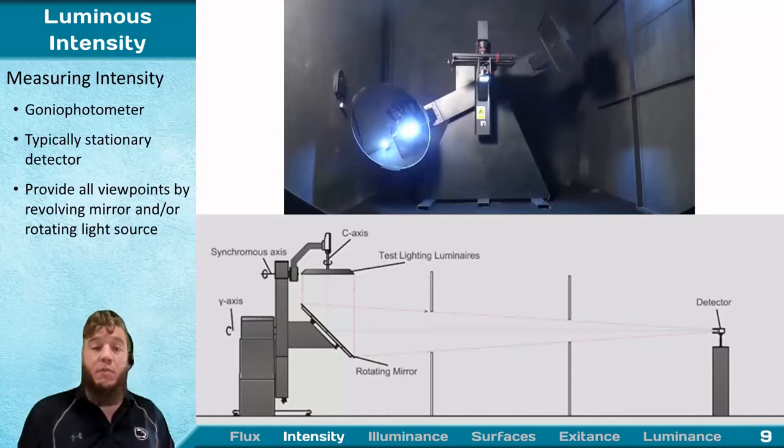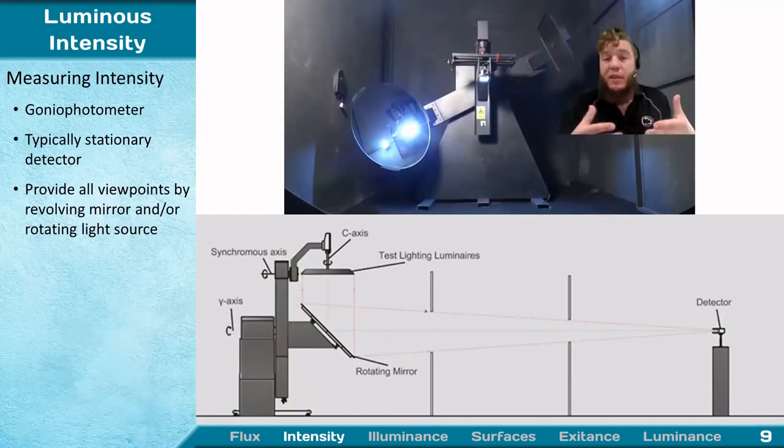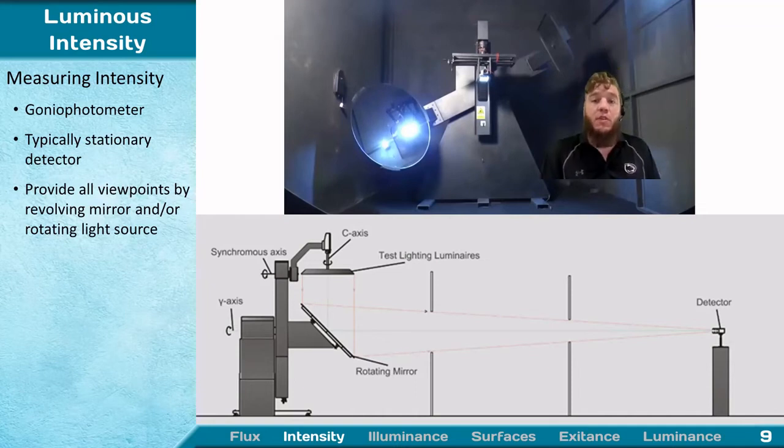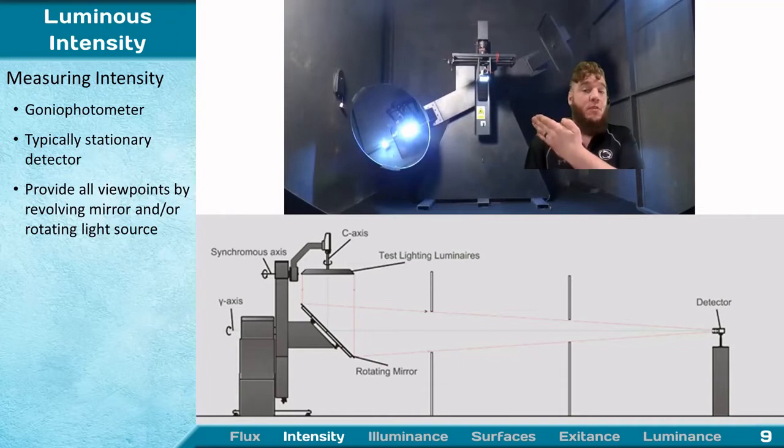So taking a look in a little more detail at how we measure intensity, we're going to use that enormous contraption, and we call that a goniophotometer. And what's actually happening here with this goniophotometer, now, a lot of times you use a stationary detector and you're moving the light source instead, and you can use the rotation of the mirror to get all of these different angles.